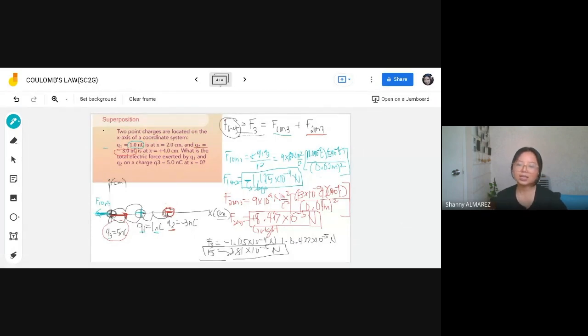Correct, it's the first charge, Q1. But if you notice, although Q2 has a greater amount of charge, what factor could have affected why Q1 is still a greater influence on Q3? Yes, the distance. So the effect of distance is still really strong.